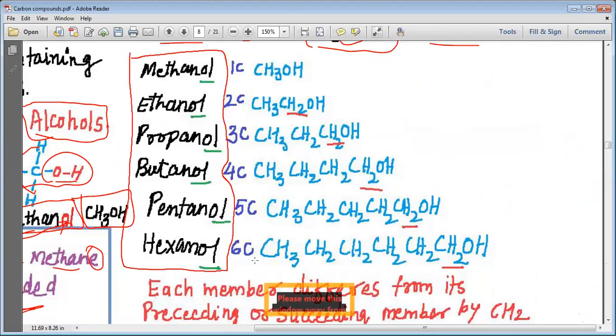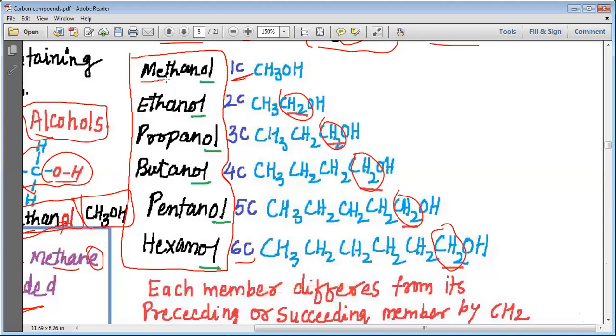We have studied up to 6 carbons. You can see each time when you add an extra CH2, you get the next member, and that is why each preceding and succeeding member differs by CH2, depending upon the number of carbons.